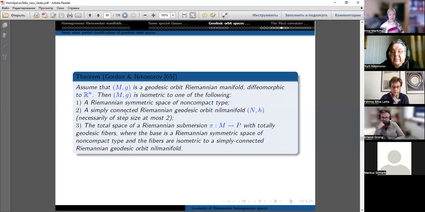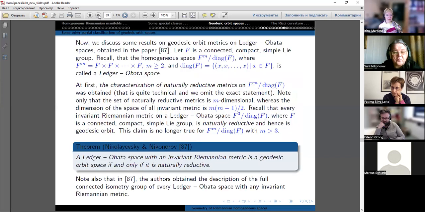The second, a simply connected Riemannian geodesic orbit nilmanifold of step size at most 2. And the third, the total space of a Riemannian submersion with totally geodesic fibers, is a combination of the first and second. Okay, we have both properties and some structure results which could be useful in other studies.